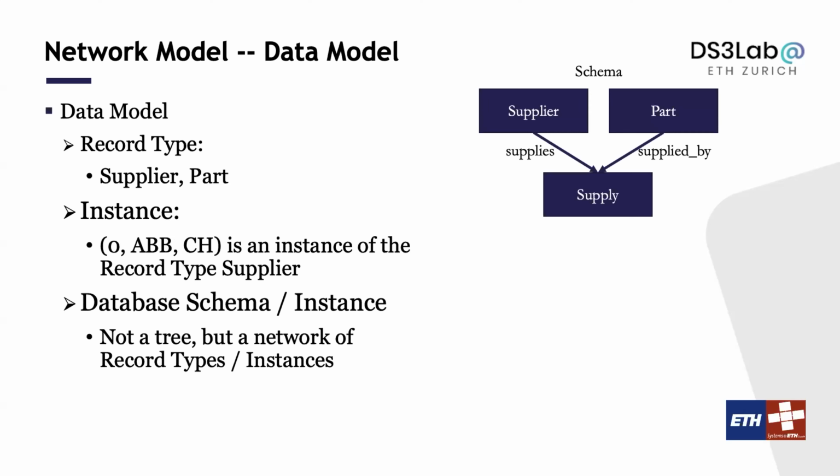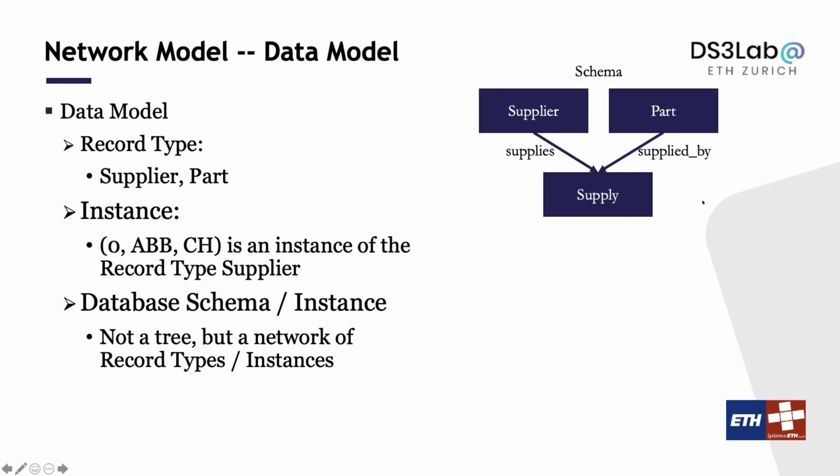Okay, for example, this is one schema that I could define in a network model. So I have 3 record types. I have supplier, I have parts, I have supply. And then there's a relationship between these record types. For example, supplier participates in the supplies part of the supply relationship, right? And the part also participates here.